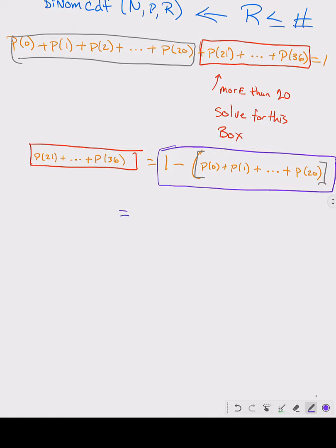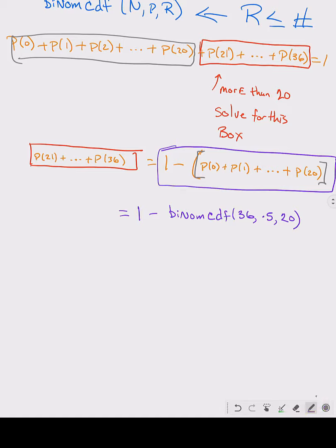And what is that? Well, that's 1 minus the binom CDF of 36, 0.5, and then 20.